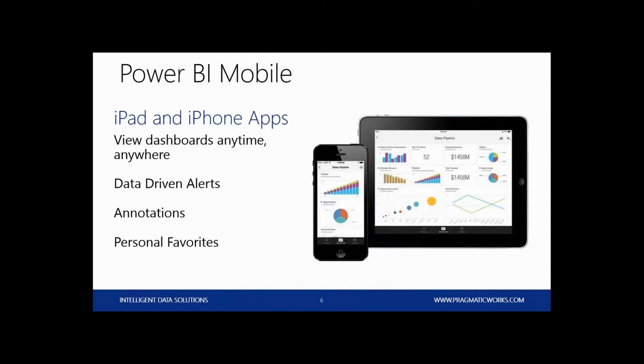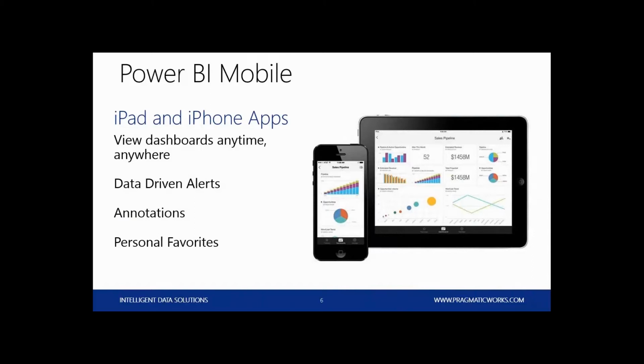I wish I could show you my phone or iPad right now, but currently on the iPhone application, you have notifications that you can set up so that if a number goes above or below a metric that I'm trying to track, if it goes below the value that I expect or above a value I expect, I get some kind of notification sent to my phone or my iPad. That's currently in the iPhone release of the mobile device. And you can go download these applications now. They're available. I'd recommend you try them out because they do have some sample dashboards out there as well, so you can see what it's going to be like even if you don't have a Power BI account yet.